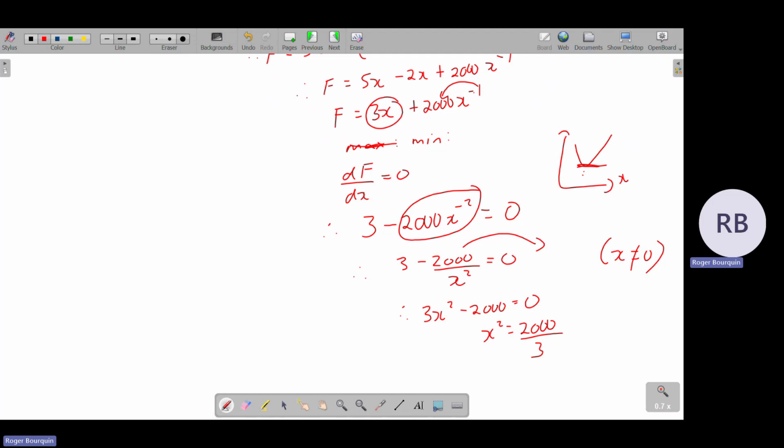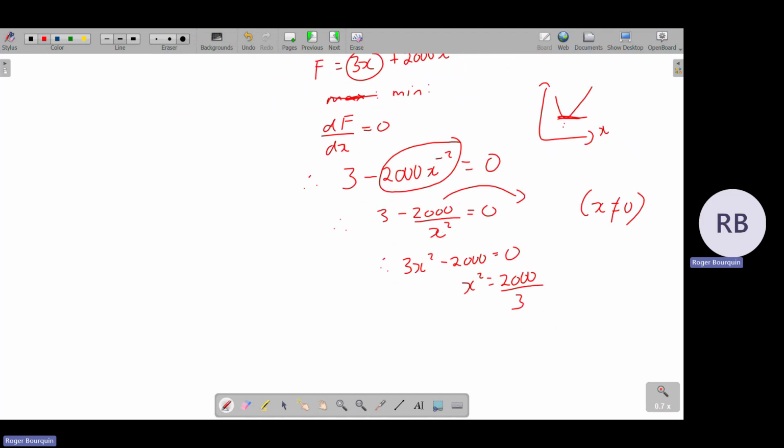You agree? So normally we say x is plus or minus, but what does x represent? Fencing, right? Can't go by a negative amount of fencing. Okay? So therefore, x is going to be equal to the square root, okay?